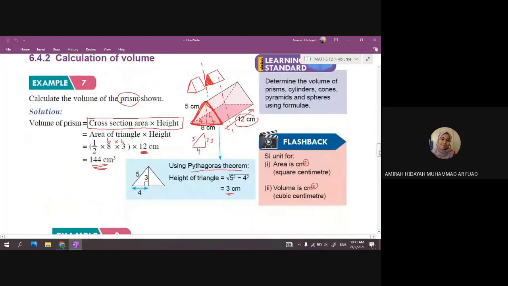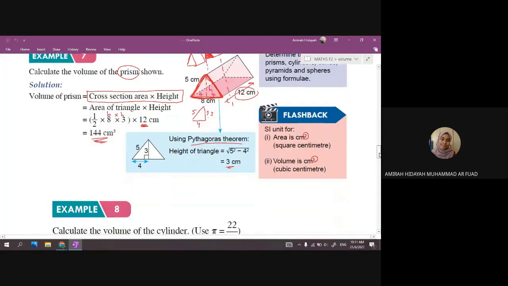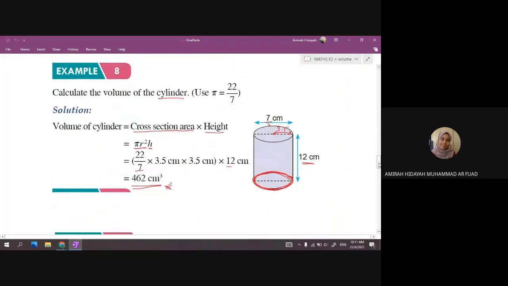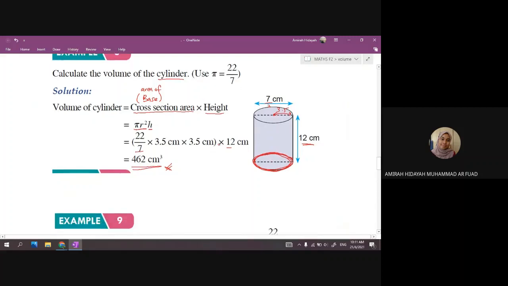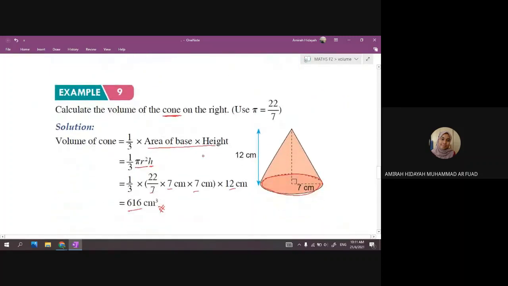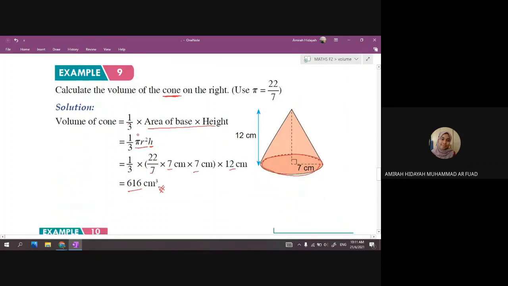So ni example. Remember yang melibatkan cross section hanyalah prism dan juga cylinder. Okay, actually cross section area untuk cylinder ni adalah sebenarnya base dia lah. Area of base dia. Cone pun melibatkan area of base, tapak dia.